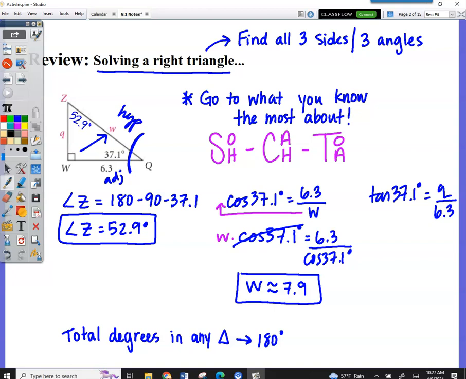So we're going to cross multiply 6.3 over to the front. And that would give us what we can type in the calculator. Going to the nearest tenth. Did you get 4.8?